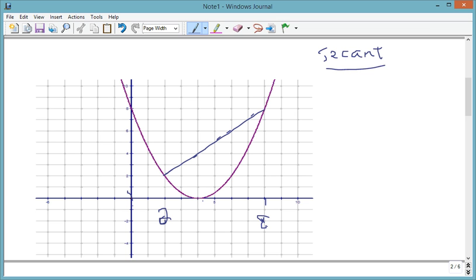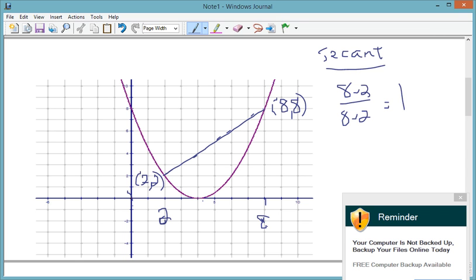So this point right here is 8, 8. This point right here is 2, 2. That's interesting. And the slope of this line, or the rate that this line changes, is 8 minus 2 over 8 minus 2, so that's 6 over 6, which is 1. Okay, so the average rate of change between 2 and 8 is 1.